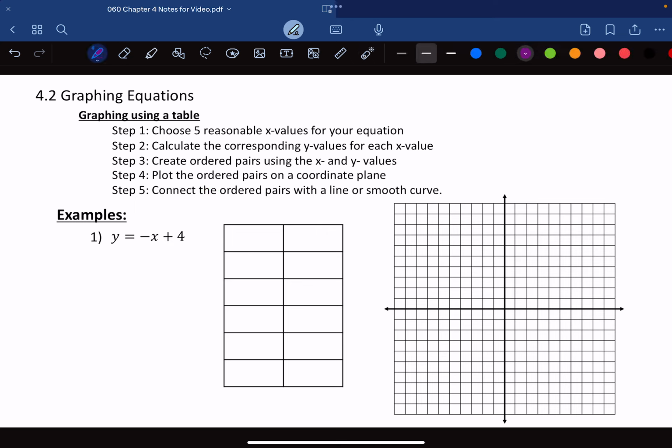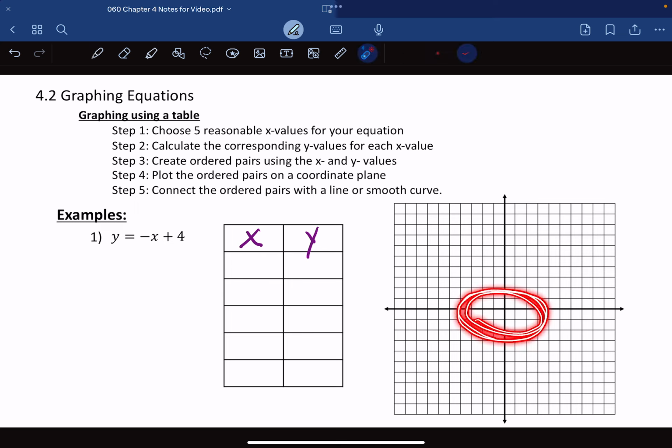So let's look at this. We have a table. I'm going to start by writing x and y so I can know what goes where. And the 5 points that I suggest starting with are the ones right in the center of our coordinate plane, which will be -2, -1, 0, 1, and 2.